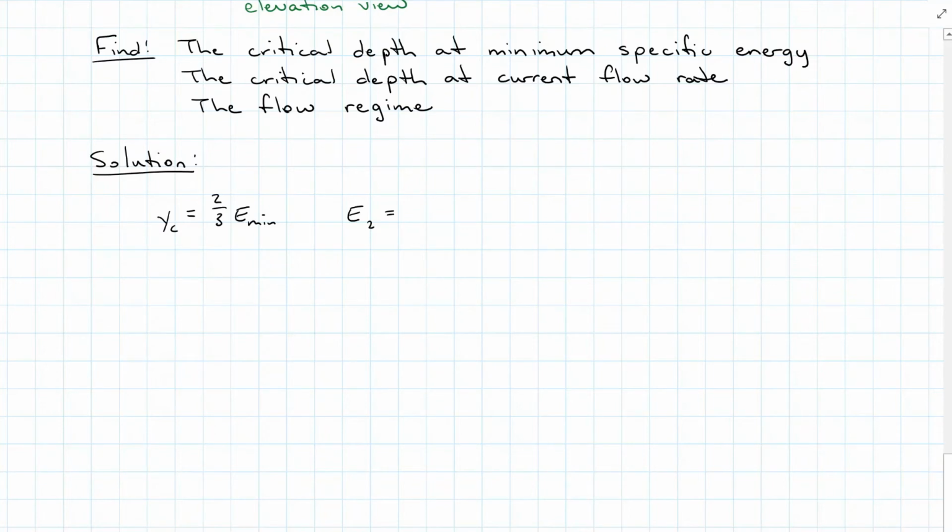So energy 2 is equal to energy minimum, which is equal to the y plus the velocity head. So plugging that in, since we have all the downstream information, that's going to be 1 meter plus 5 meters per second squared all over 2 times 9.81 meters per second squared.